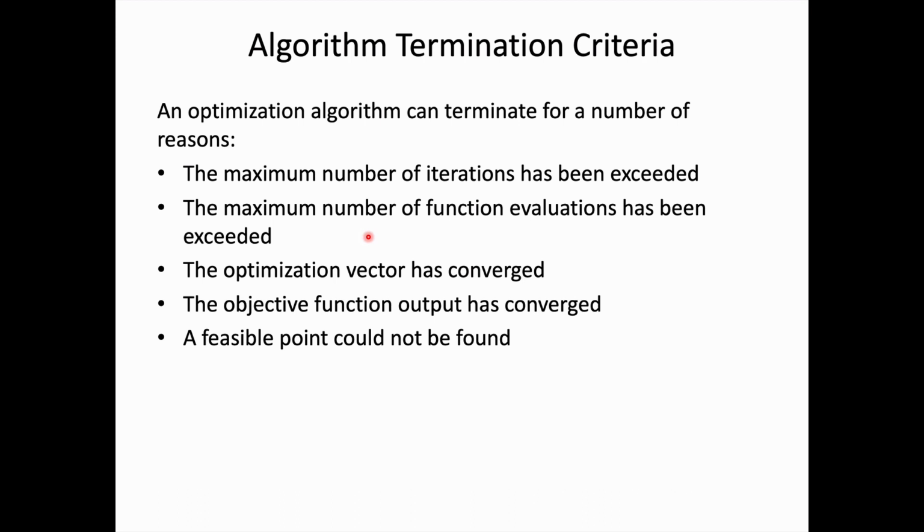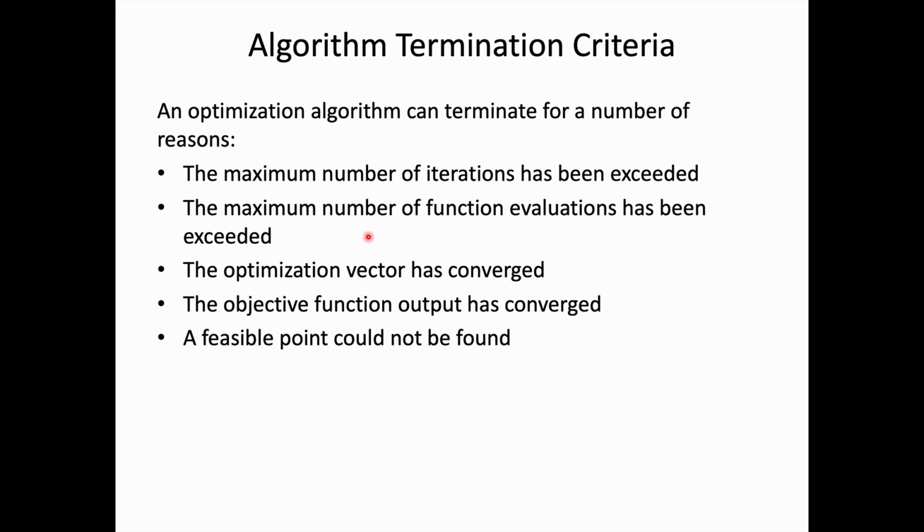Another reason might be if we are solving a problem with constraints and we're trying to find even a single point that simultaneously satisfies all the constraints, or in other words, we're trying to find a feasible point. What if we can't find one? It is possible to define problems such that no feasible points exist. There's no point that satisfies all the constraints simultaneously, and that's not a very well posed problem.